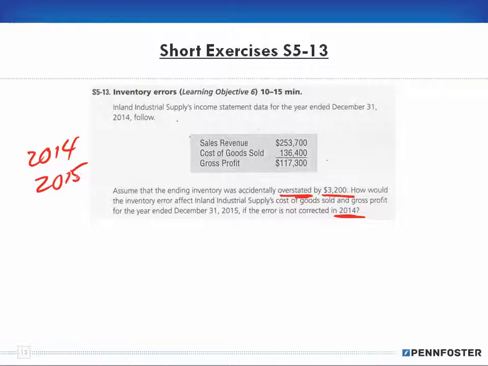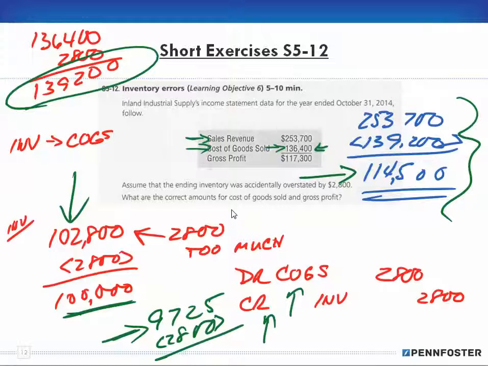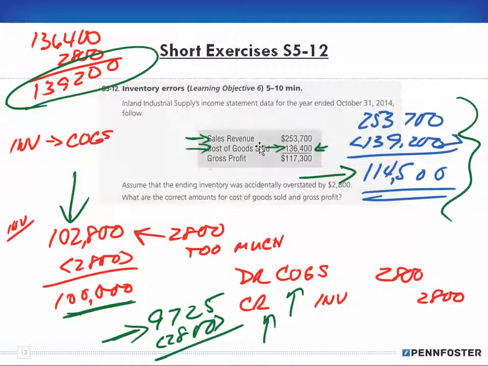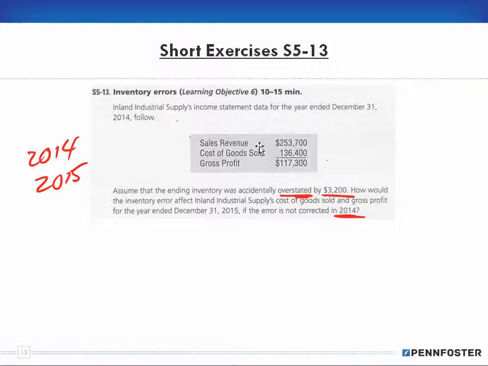So our 2015 inventory is overstated right from the start, by this $3,200. And the question is asking, how would the inventory error affect the cost of goods sold and gross profit for the end of 2015? Well, this is no different than 5-12. Our cost of goods sold is understated, which means our gross profit is overstated.